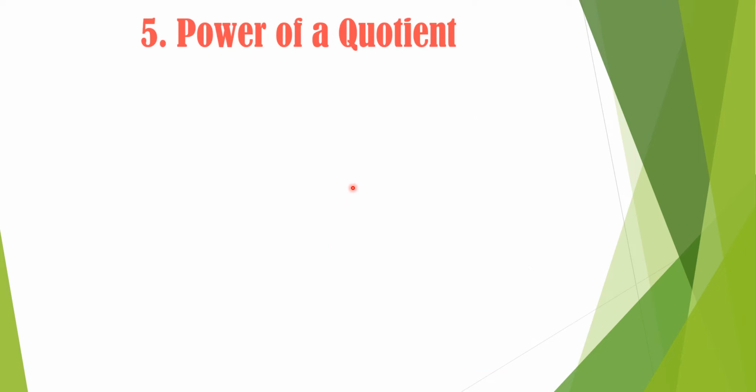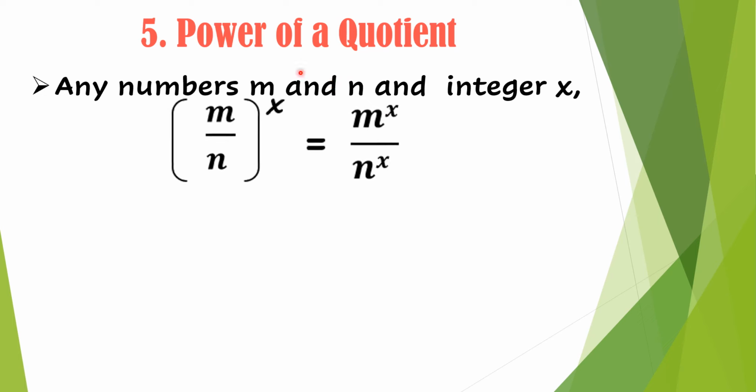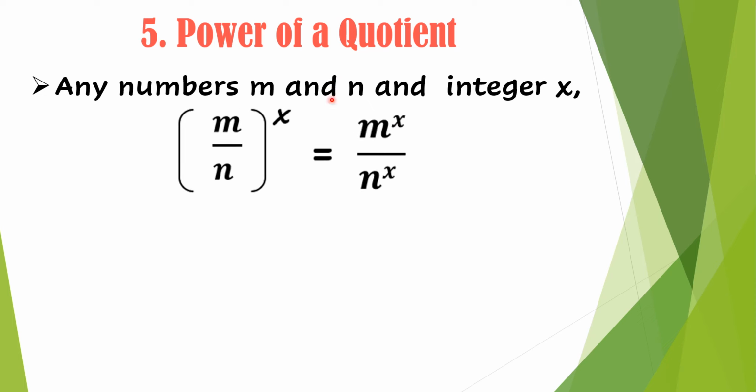Okay, number 5. Last law of exponent, power of a quotient. Okay, sinasabi dito, any numbers m and n and integer x given the quantity m over n raised to x is equal to m raised to x over n raised to x.